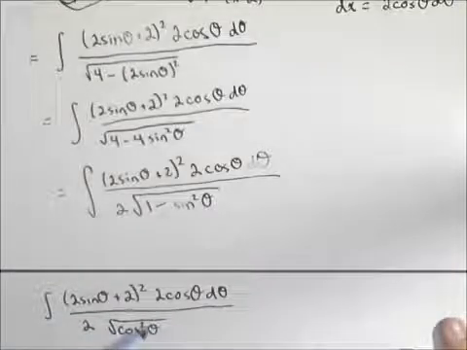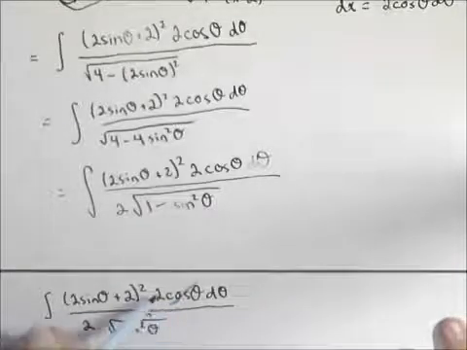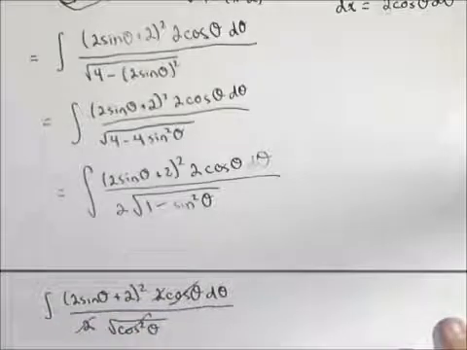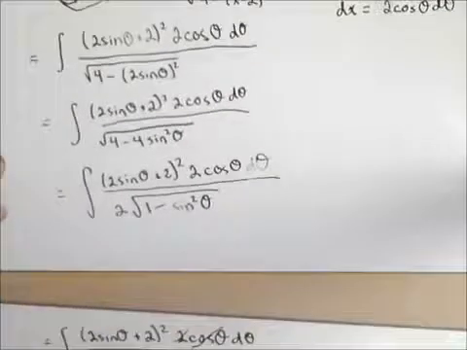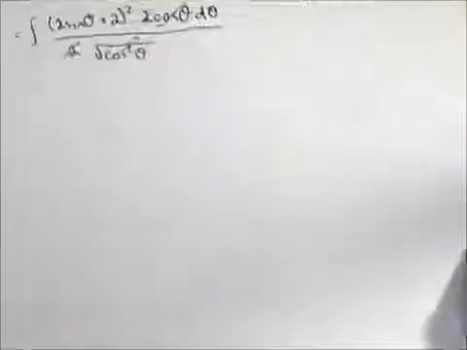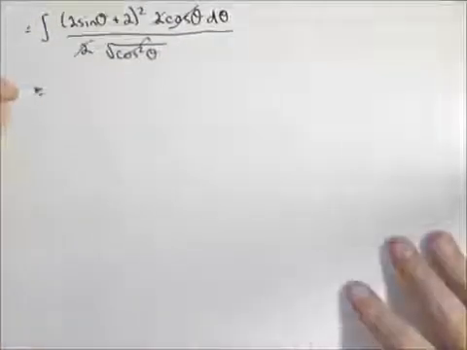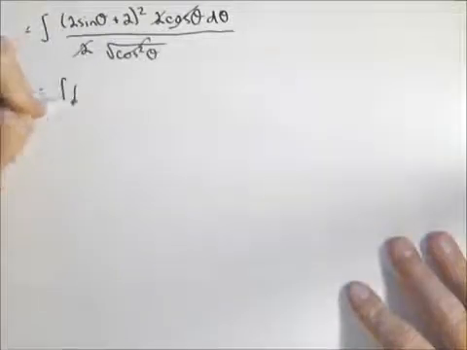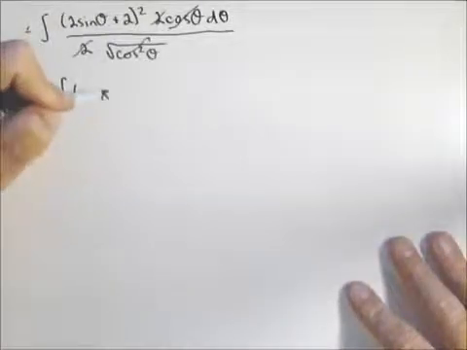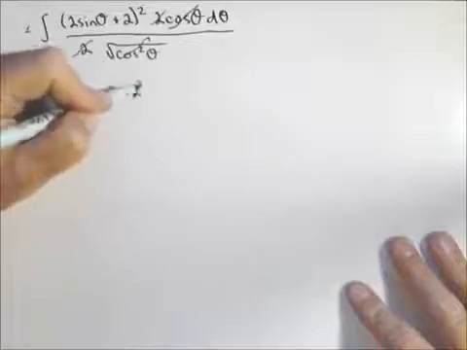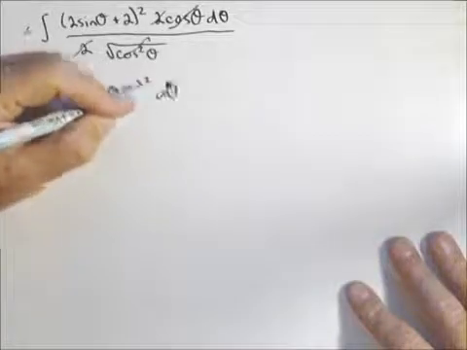Square root of cosine squared theta is just cosine theta, so those cancel. The 2's cancel. So what we get is 2 sine theta plus 2, the quantity squared d theta.